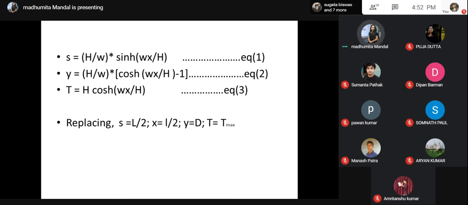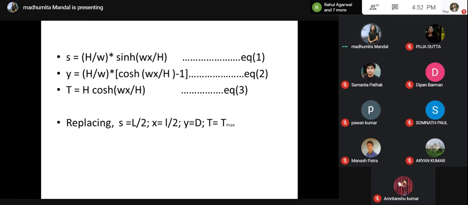So these are the three equations we got from the derivation. S is equal to h by w into sinh omega x by h. Y is equal to h by w cosh omega x by h minus 1. And T is equal to h cosh omega x by h.